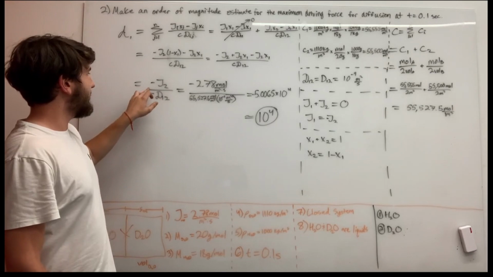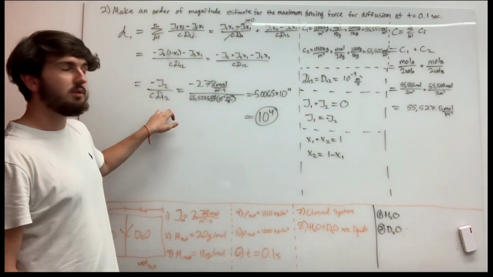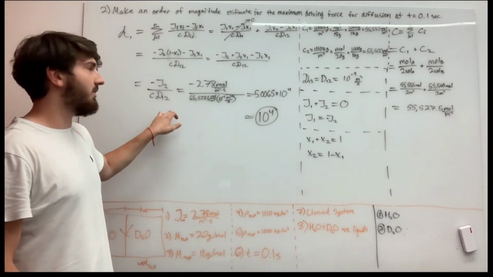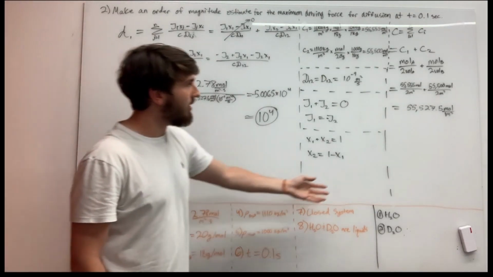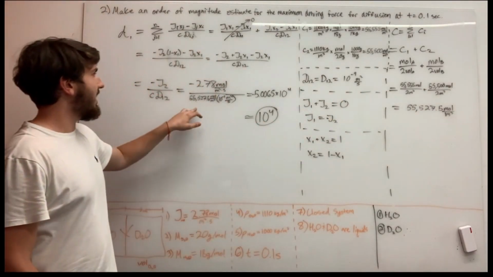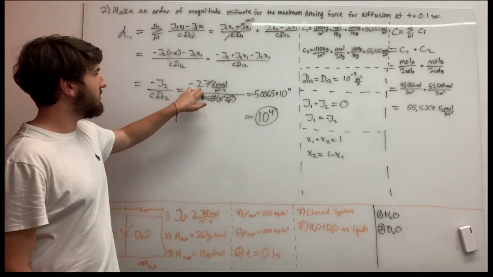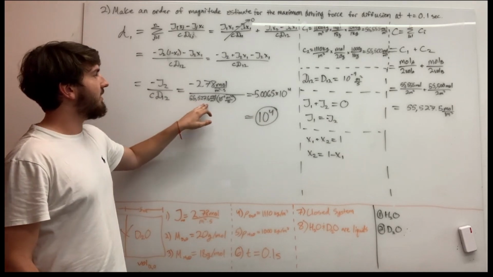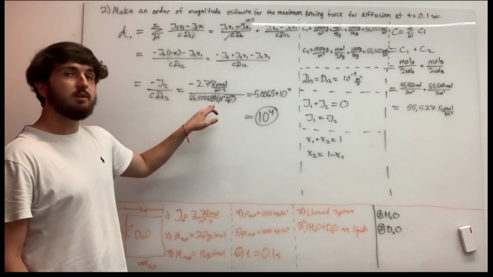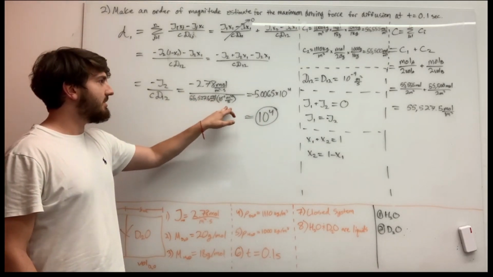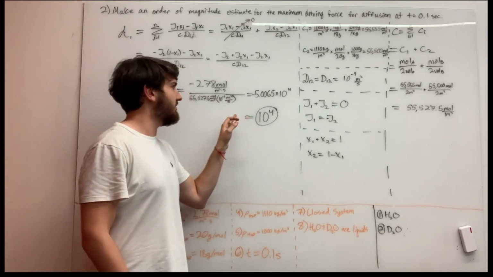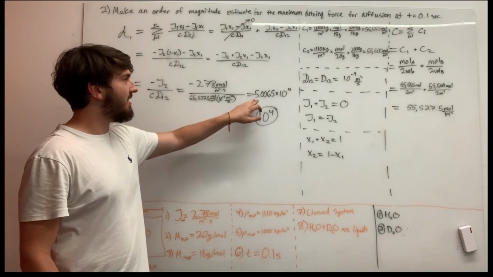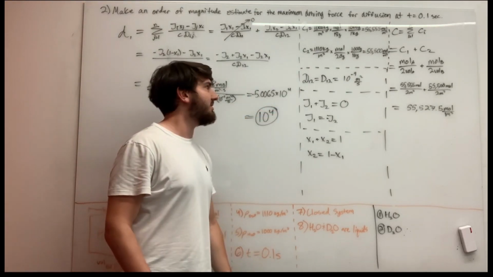So all we have left is that the molar diffusive flux of component 2 is negative over the total concentration times the Stefan-Maxwell diffusivity. We already got all those values, so the value is negative 2.78 moles over meters squared times seconds, over 55,527.5 moles over meters cubed times the 10 to the negative 9th meters squared per second, which we get to be negative 5.0065 times 10 to the 4th.